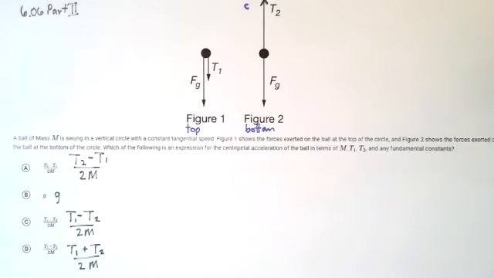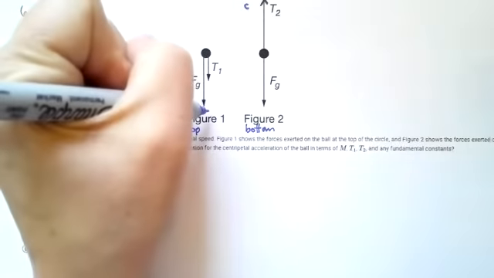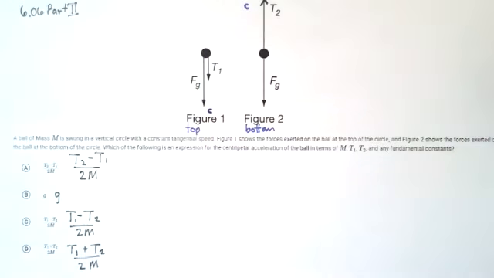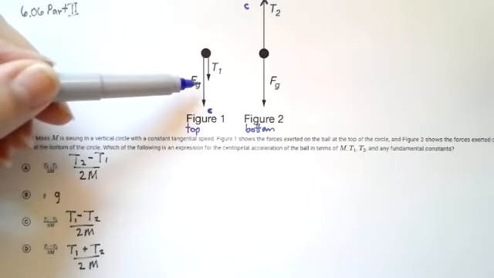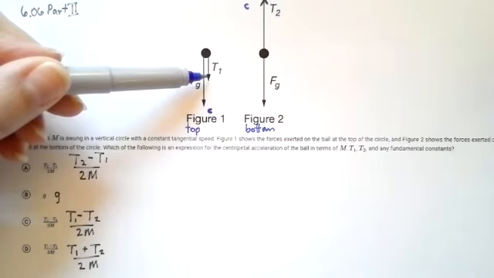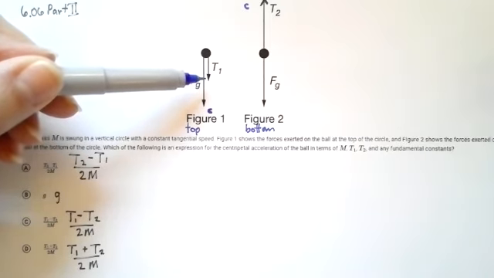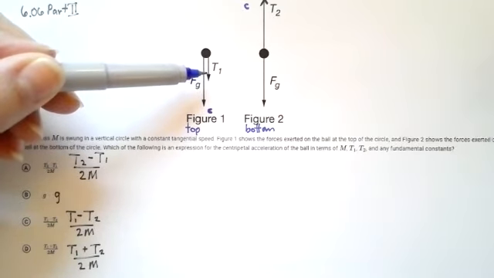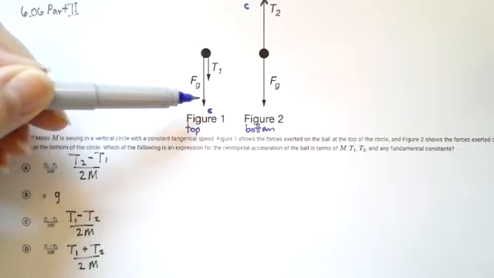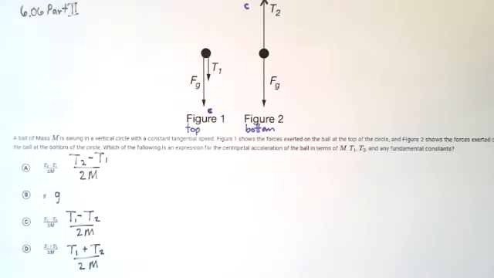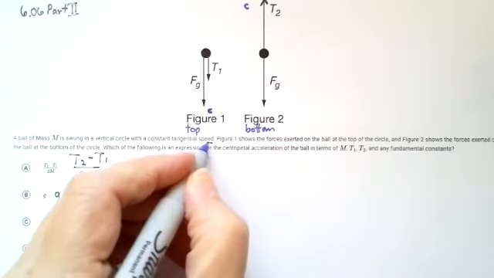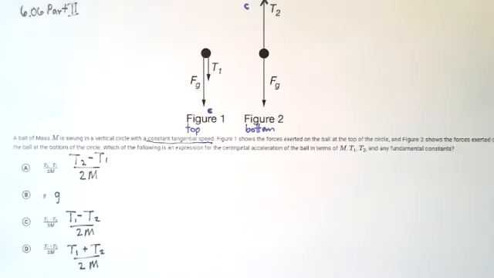Here, where this is the top of the circle, the center of my circle is going to be here. I'm going to use a little C to indicate the center. I have the same force of gravity, but you'll notice my tension is much, much smaller. I still need to have a net force pointing down to the center, and it's going to be the same net force because I have the same constant tangential speed, and my radius isn't changing.